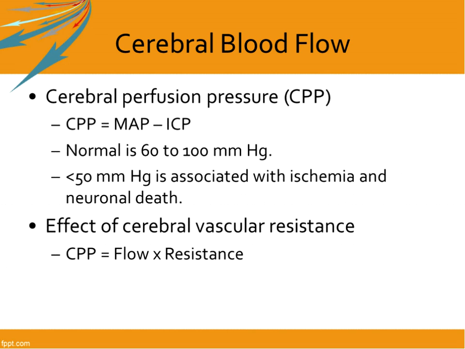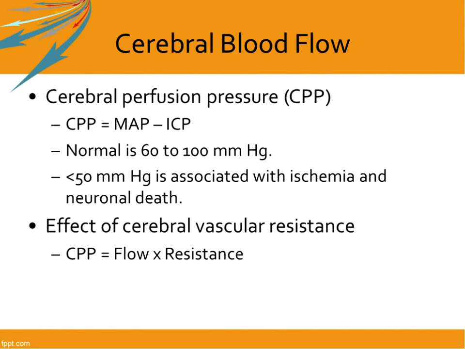The cerebral perfusion pressure is needed to make sure that we've got adequate blood flow to the brain. When you go to look at how you get cerebral perfusion pressure, thinking back to shock, it's equal to the MAP minus the ICP, okay? A normal CPP is between 60 and 100.